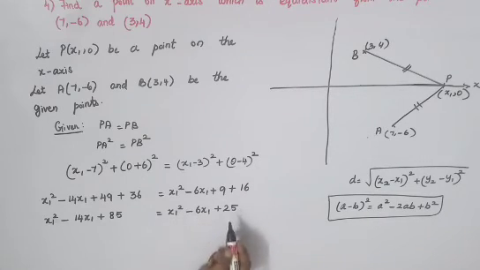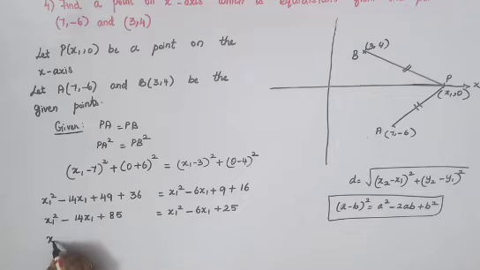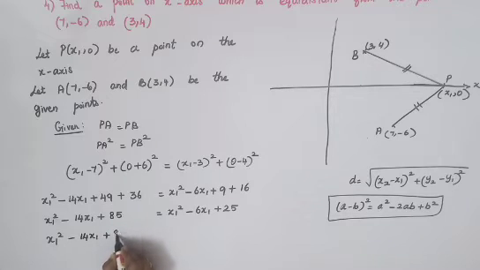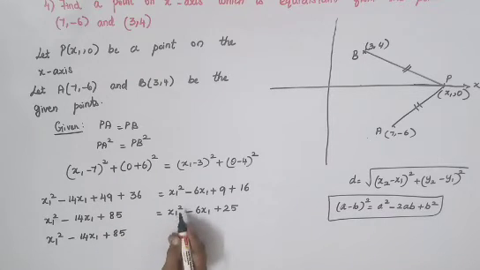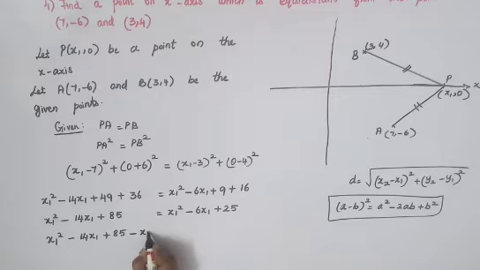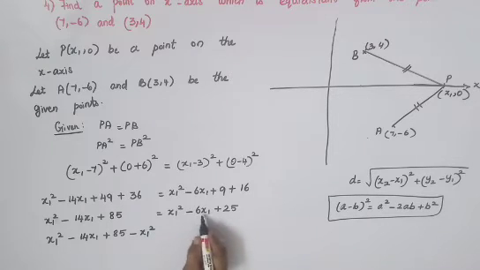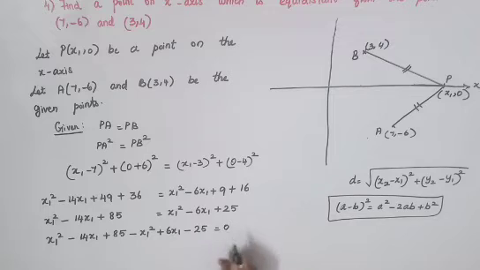Now take all these terms towards your left hand side. So you will get x1 square minus 14x1 plus 85, this plus x1 square will become minus x1 square, minus 6x1 will become plus 6x1, plus 25 will become minus 25, which is equal to 0. Now when you are solving, x1 square and x1 square, minus is there and plus is there, so you can cancel.